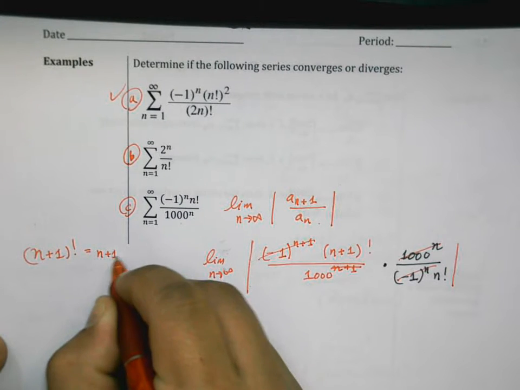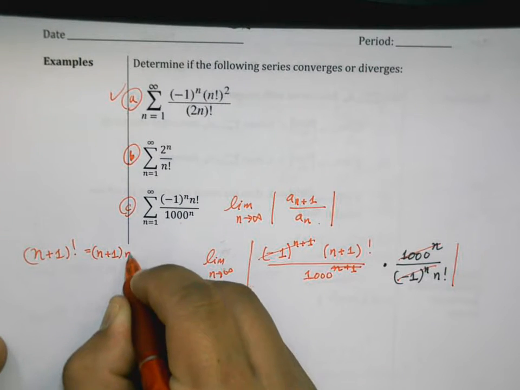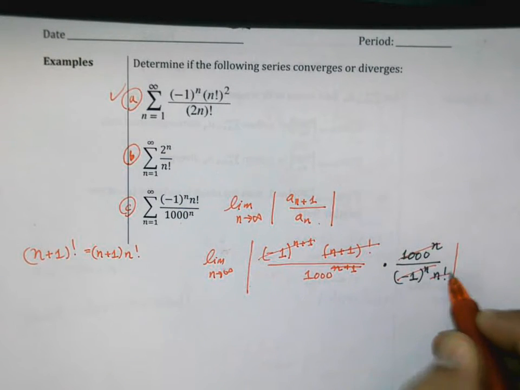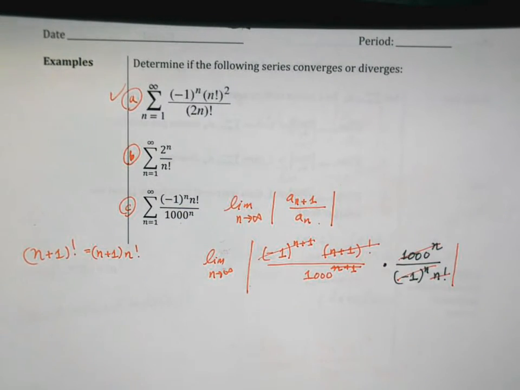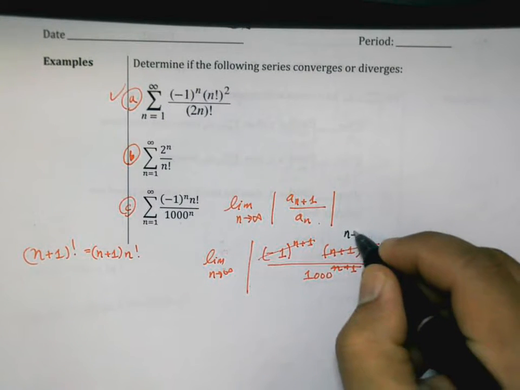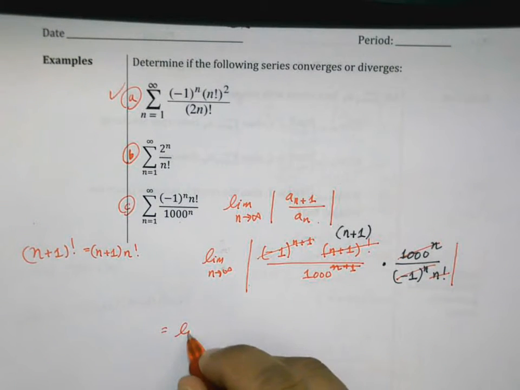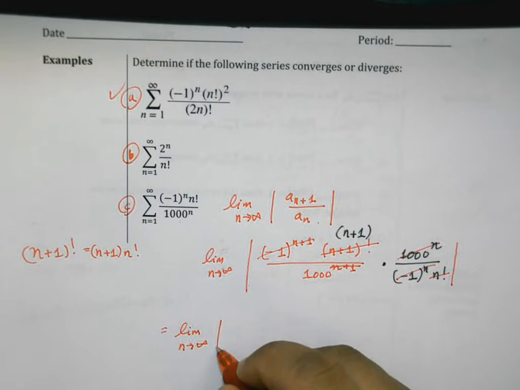On the numerator, we actually have a term remaining, n plus 1. Okay, so simplifying all of this, we get the limit as n approaches infinity, n plus 1 in the numerator, and in the denominator, we get 1,000.